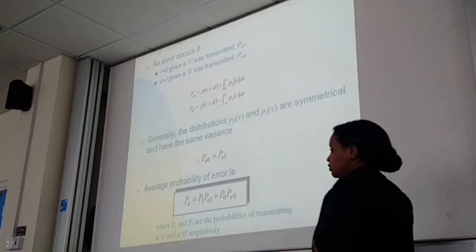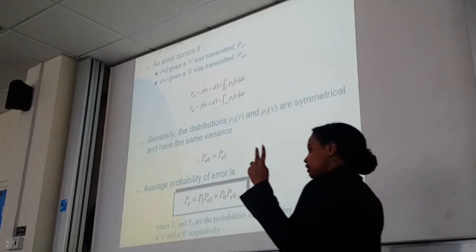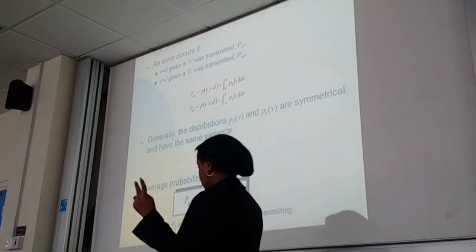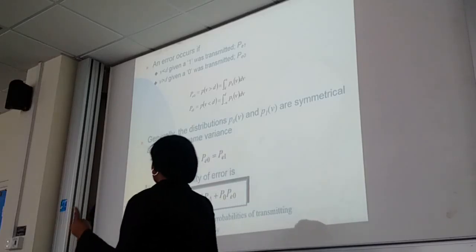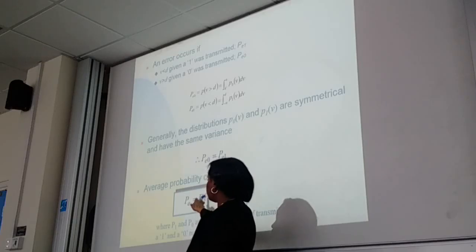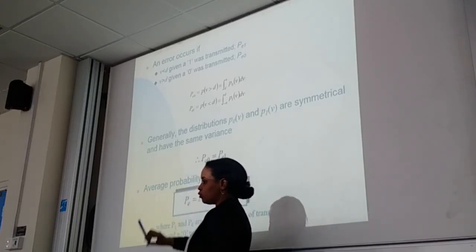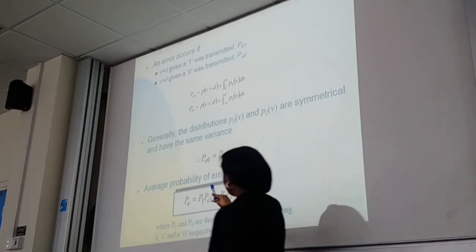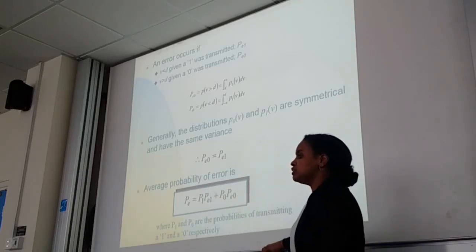The average probability of error in the system: we said we find the two errors in the system. So the average probability will be the probability of error 1 multiplied by the probability of sending 1 plus the probability of error 0 multiplied by the probability of sending a 0.